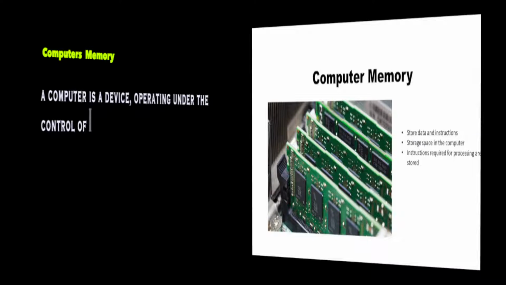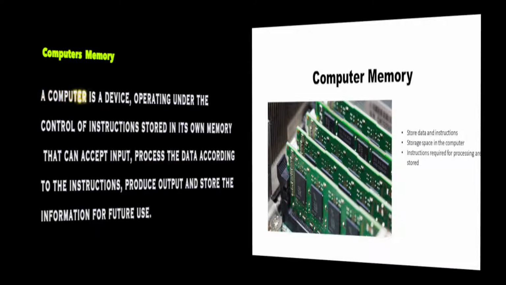We can think of memory as a piece of paper for the computer. A computer is a device operating under the control of instructions stored in its own memory and that can accept input, process the data according to the instructions, produce output and store the information for future use.